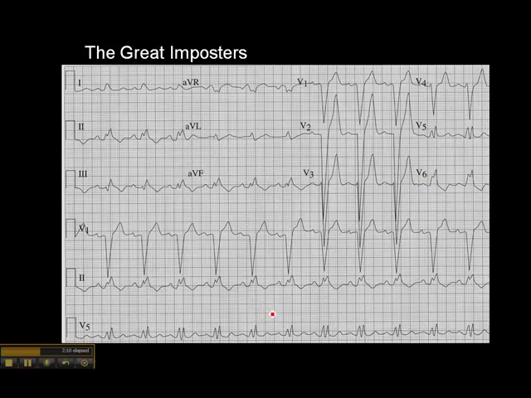Now, just for interest's sake, I'm going to try to blacken the screen here. The other thing that sometimes mimics acute MI is ventricular aneurysm. I've actually never seen this on a cardiogram, but a ventricular aneurysm occurs if there's a large area of infarction, an old MI, that leaves scar tissue.